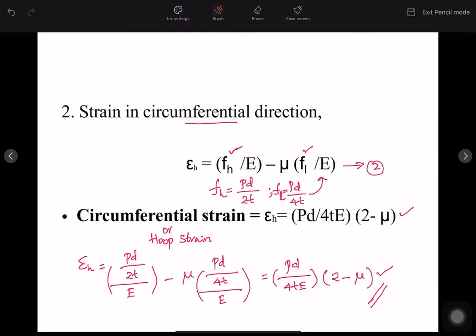So we get circumferential strain value as PD by 4 times TE into 2 minus mu.